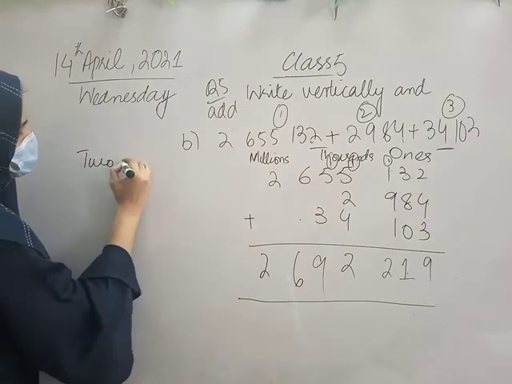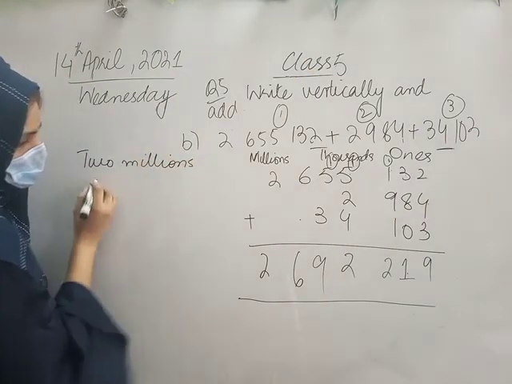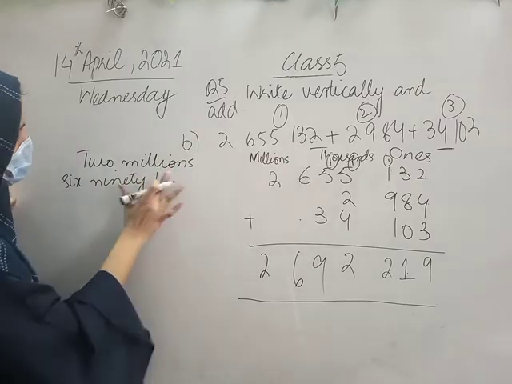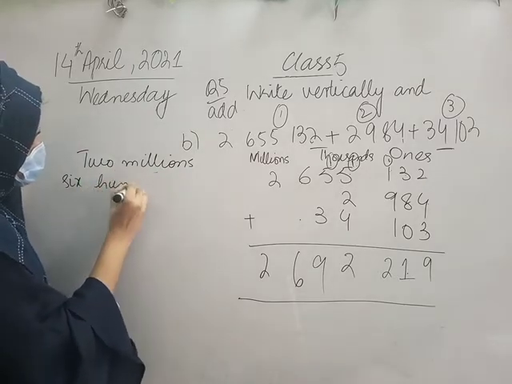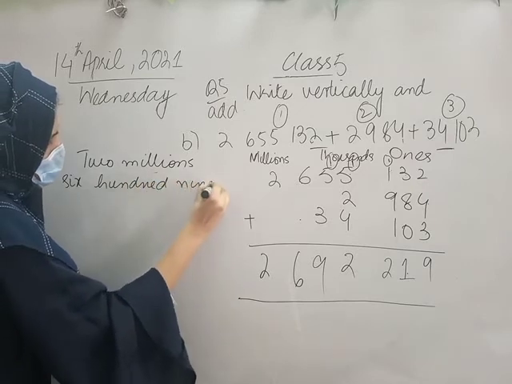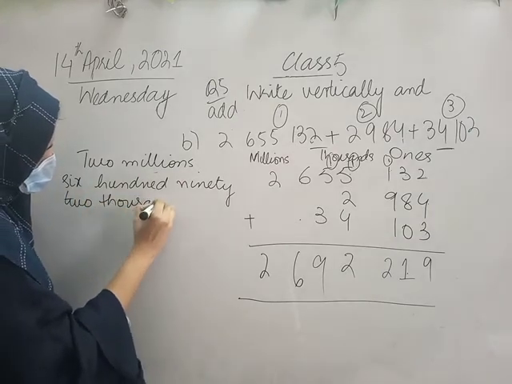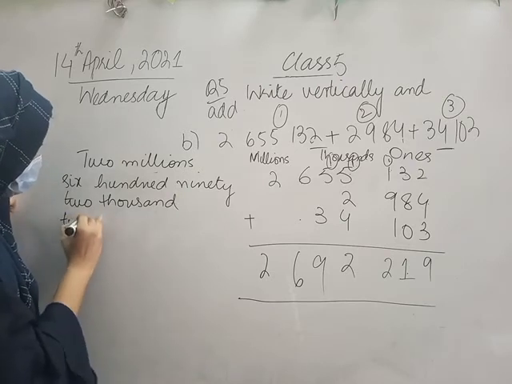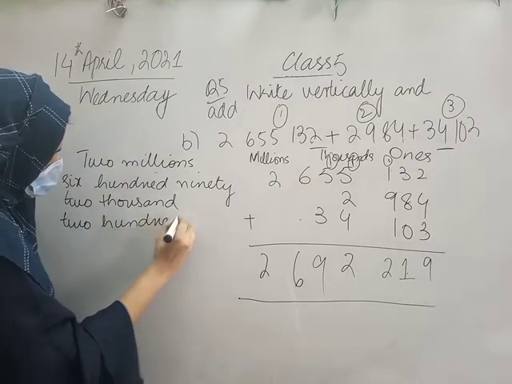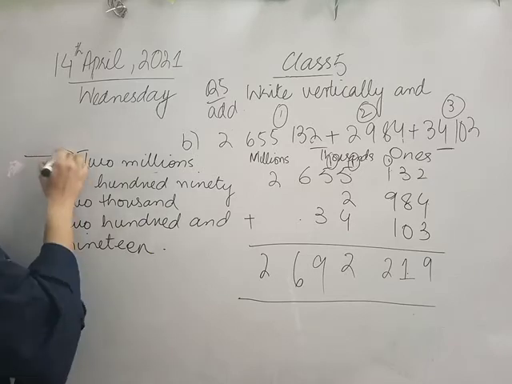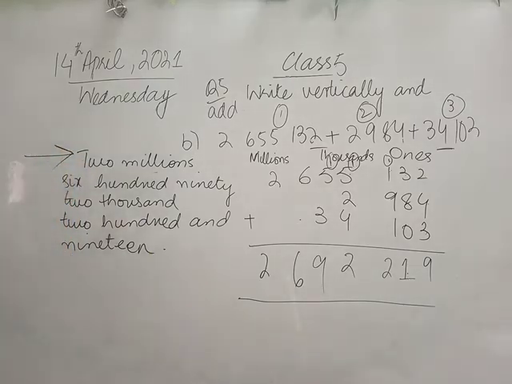2 millions, 690,000, 92,000, 219. 2,692,219.